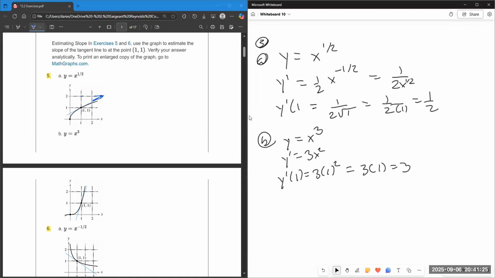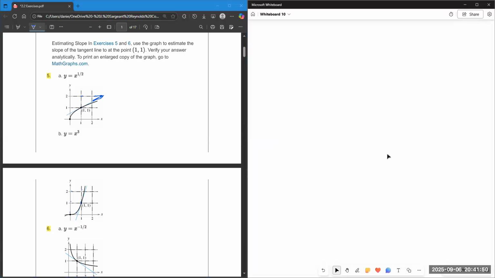It certainly looks like rise 3 and run 1 is pretty close to what's going on here. We would estimate that to be 3, but we have our math here to tell us that that's actually what's going on. I don't really like the estimates as much as I like being precise with our calculations.